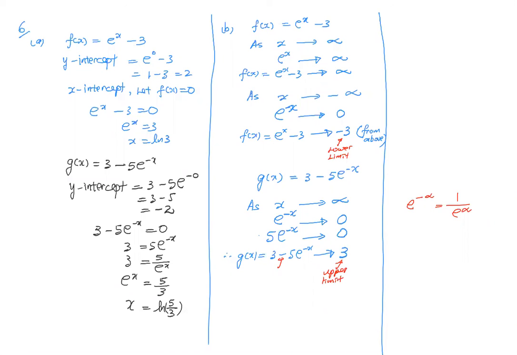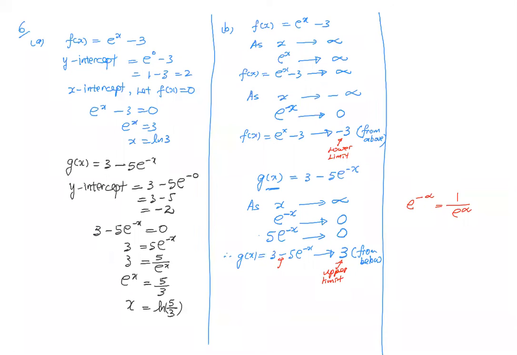So we will say from below. That means the rest of the g(x) values are less than 3. Got it? So that is how you interpret. And this is also called the horizontal asymptote.